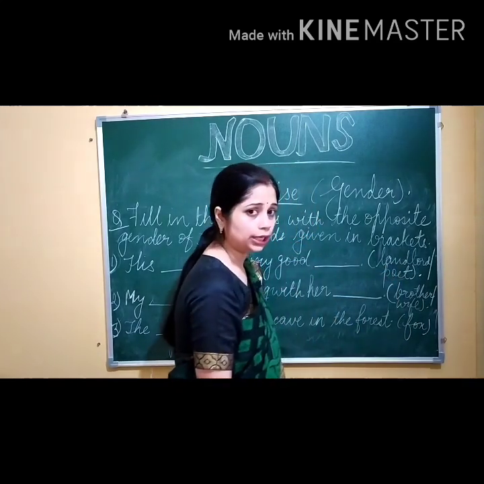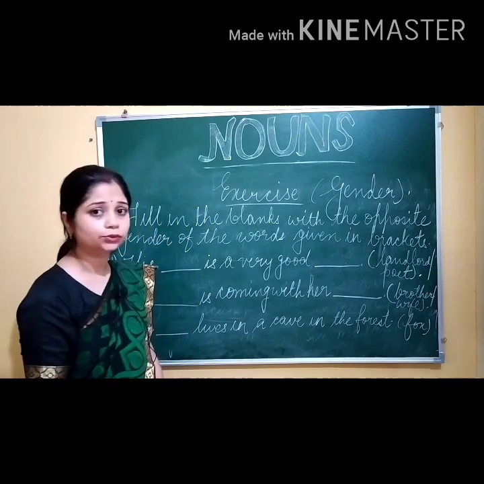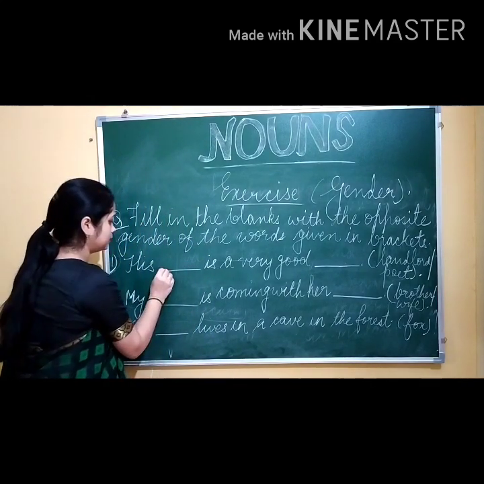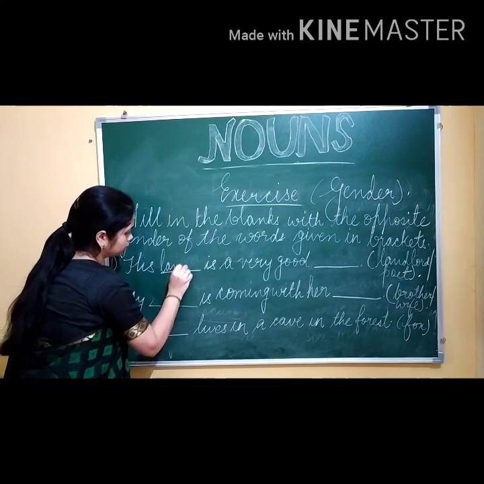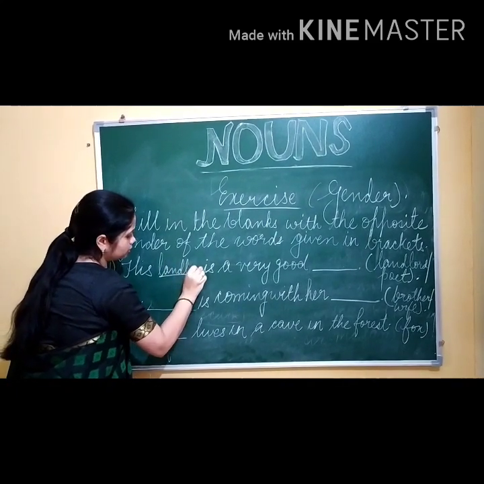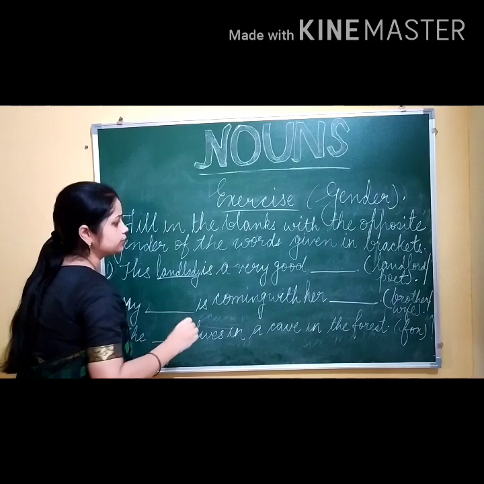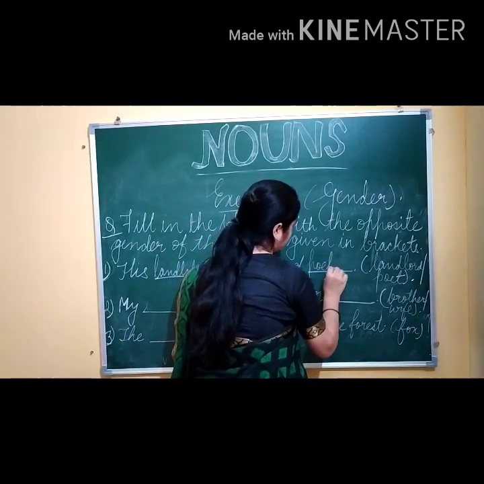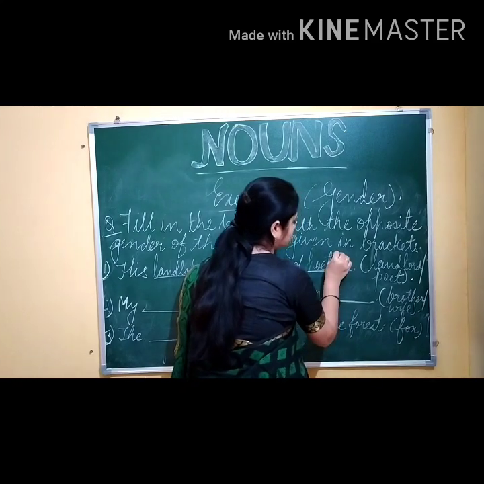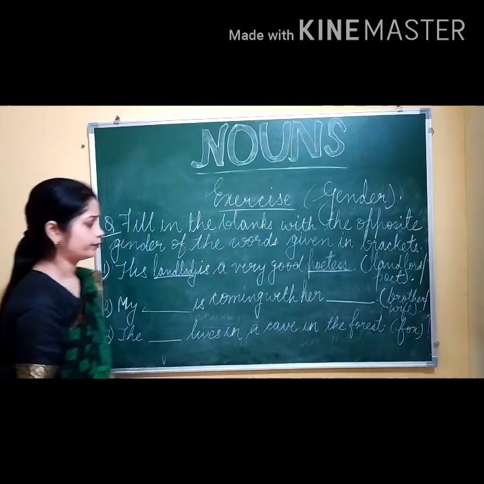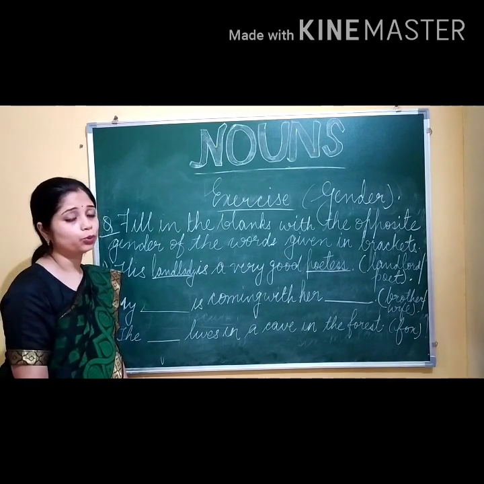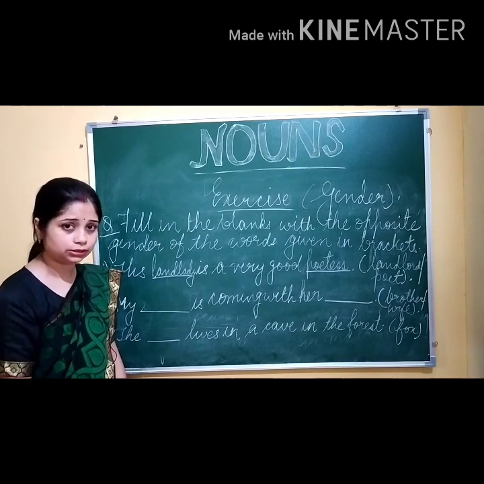So we have to change these masculine gender words to feminine gender. His landlady is a very good poetess. Landlord has been changed to landlady and poet has been changed to poetess.